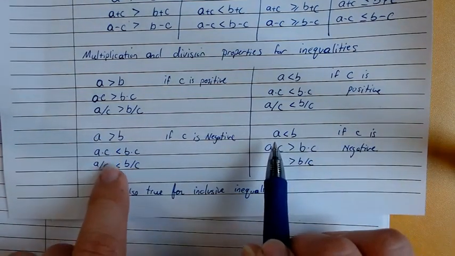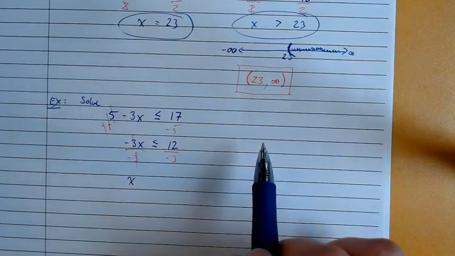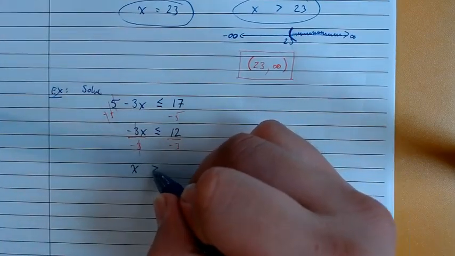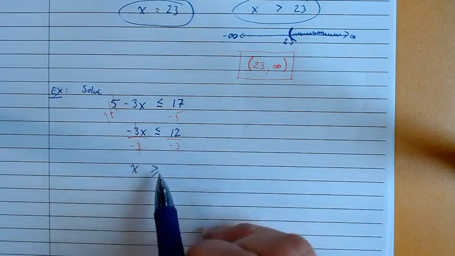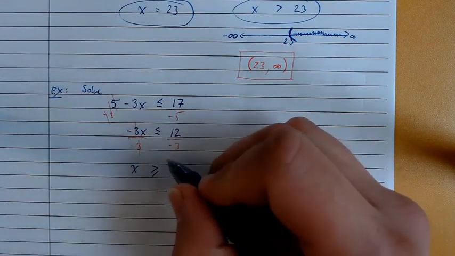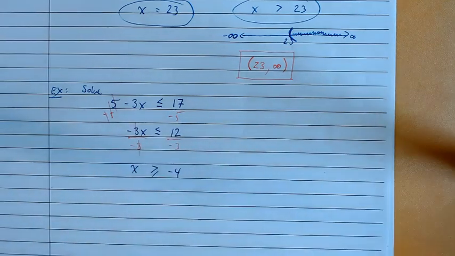So if it started as greater than, it'll become less than. Or if it started less than, it'll become greater than. So here, this is less than or equal to. Okay, so it'll switch to be greater than or equal to. It doesn't affect the equal part, only the directional inequality. And then 12 divided by negative 3 is negative 4.